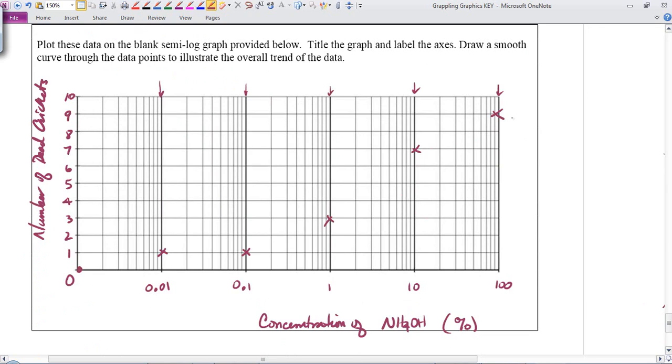So now we are to draw a curve through. Now, I'm not so good with this big fat pen, so you may be able to do a better curve than me. There you go. Don't go beyond your last data point, though. Let's see if I can join it that way. That's pretty good for me. All right, and then what is this?